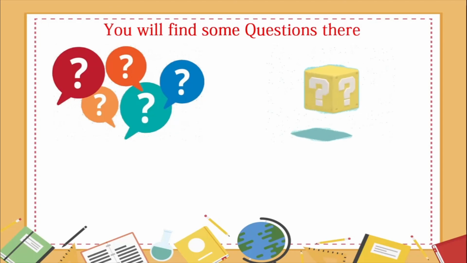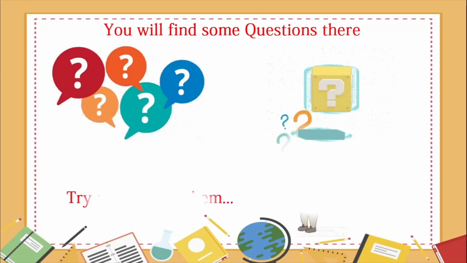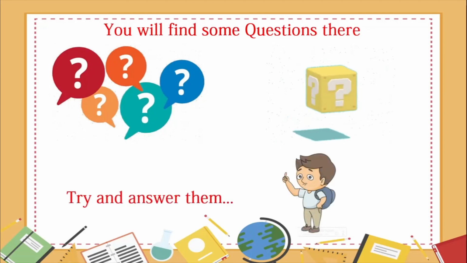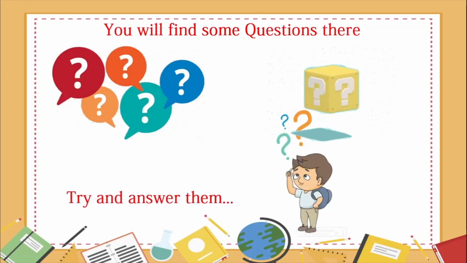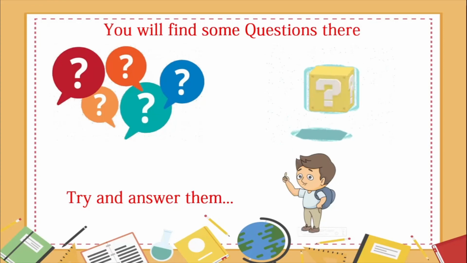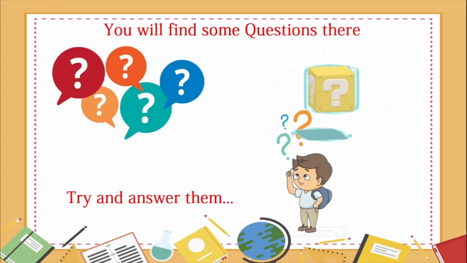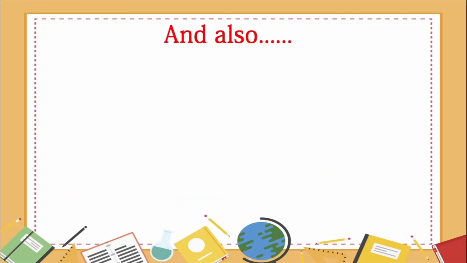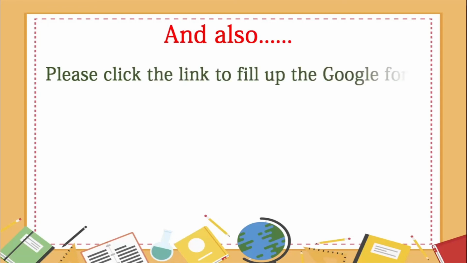So what will you do? You will think back properly about the lesson and you will try and answer these questions and note down the answers in your notebook if you want. Okay? After that, we have another task waiting. You will also click on the link which you will find in the description box to fill up the Google form.